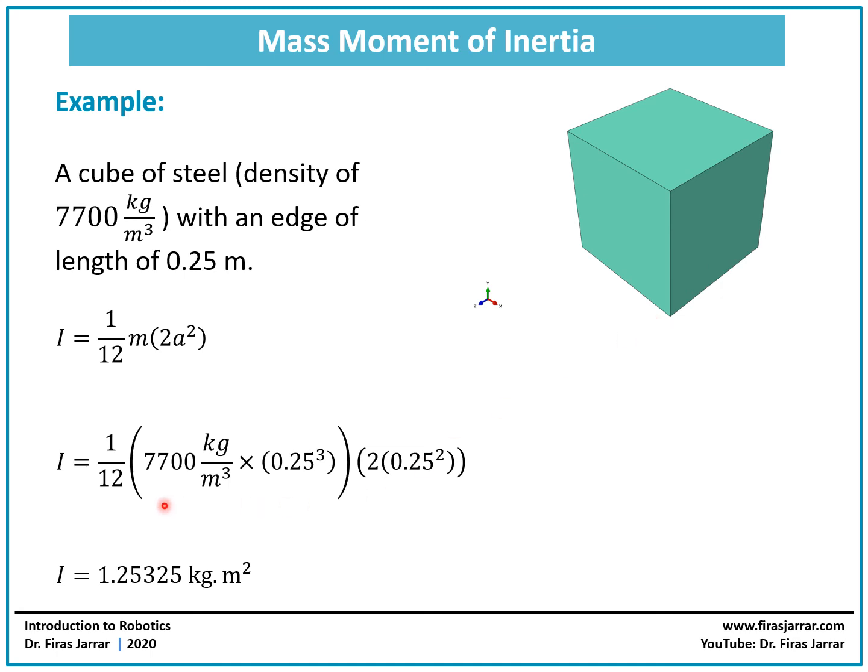If we substitute in numbers, the mass can be calculated by the density times the volume of this cube, with the edge a being 0.25 of a meter. This will give us a value for the mass moment of inertia of this cube about the y-axis, or also the x or the z due to the symmetry of this problem, and the value would be equal to 1.25 kilograms meter squared.